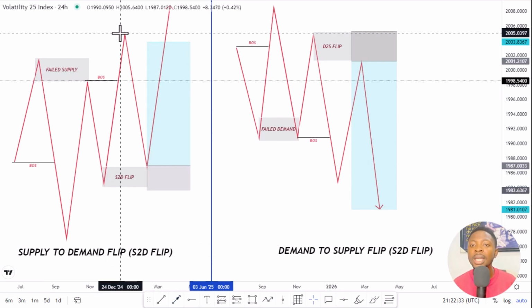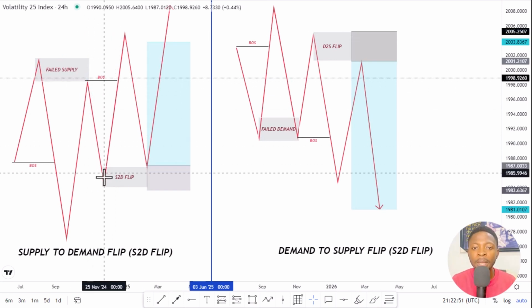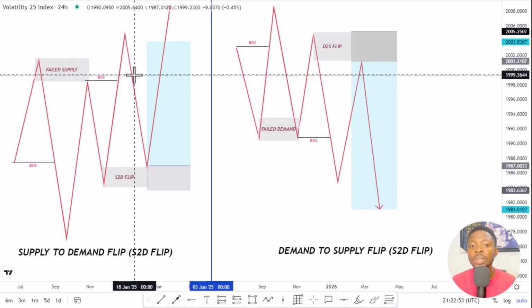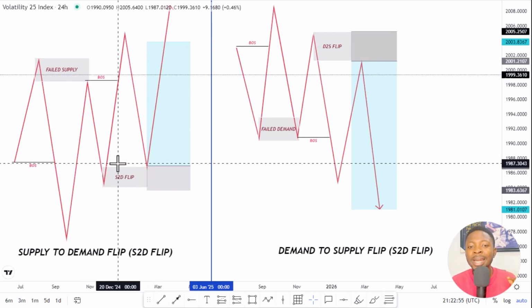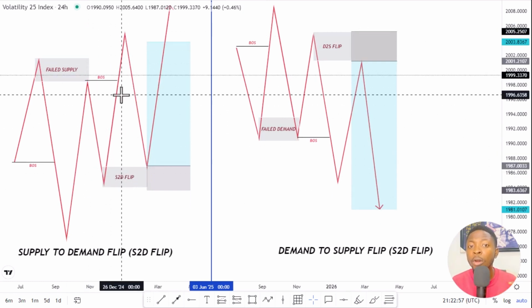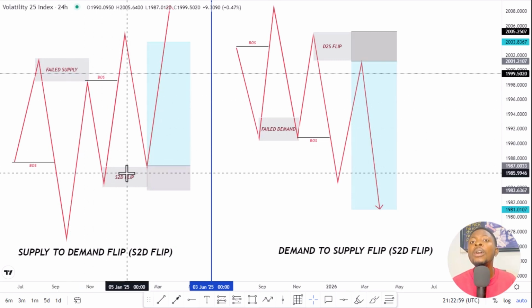So you want to see this interaction occur, and one of the interactions is a reaction from the valid supply zone. It could be the higher time frame, it could be lower time frame, it is independent of that. So you want to see a failed supply and a reaction from that supply, then a break of structure. So the demand that was responsible for the break of that valid supply becomes your supply to demand flip.